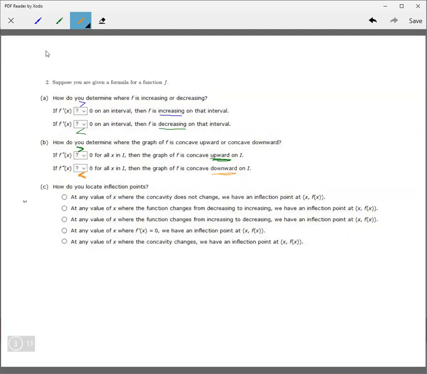At any value of x where the concavity changes, going from concave down to concave up, or concave up to concave down, that is what makes it an inflection point.